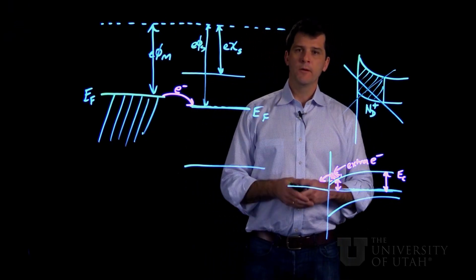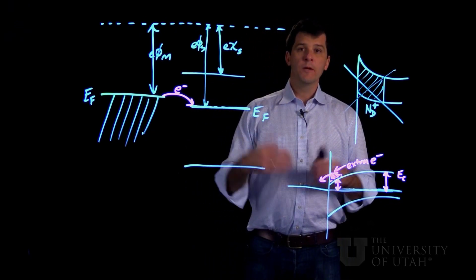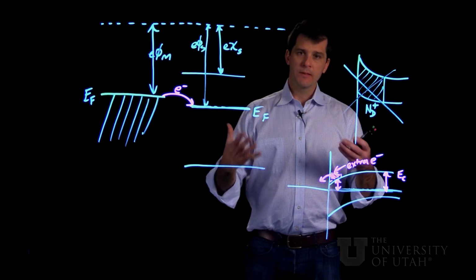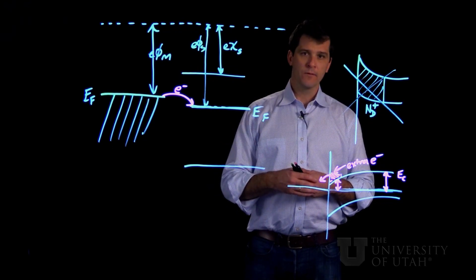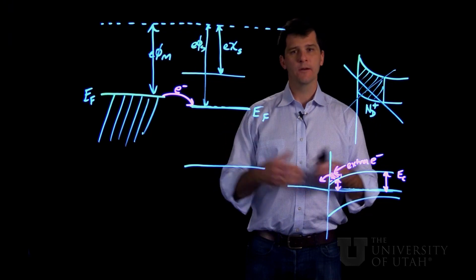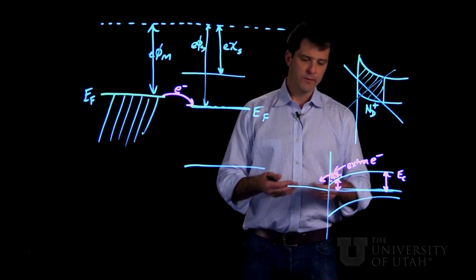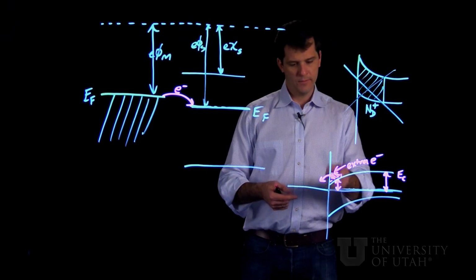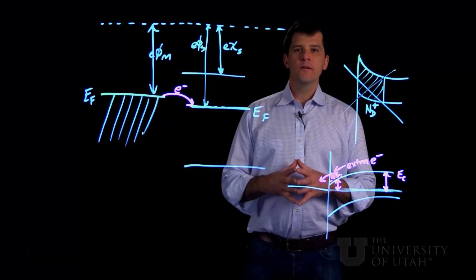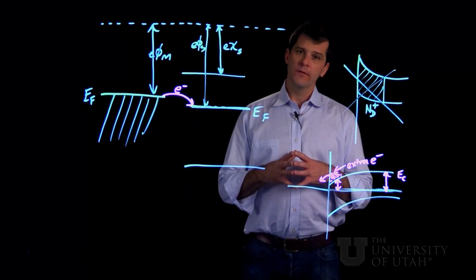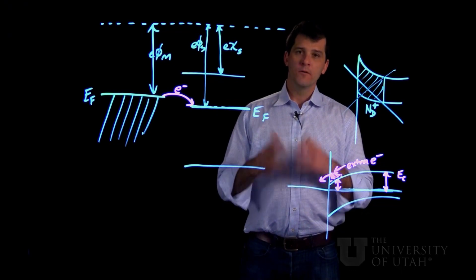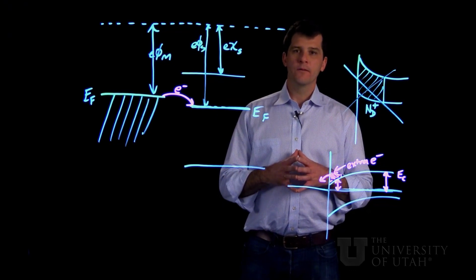Okay, so that's really what we want to say about ohmic contacts. They do have a specific resistance which can and should be characterized for specific fabrication steps having to do with the details of this interface and how many electrons. So that's all we're going to talk about in terms of ohmic contacts to semiconductors.